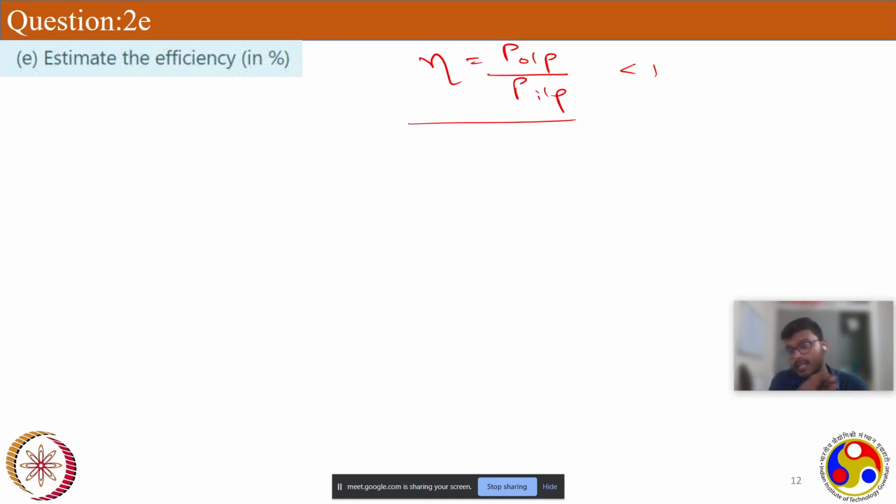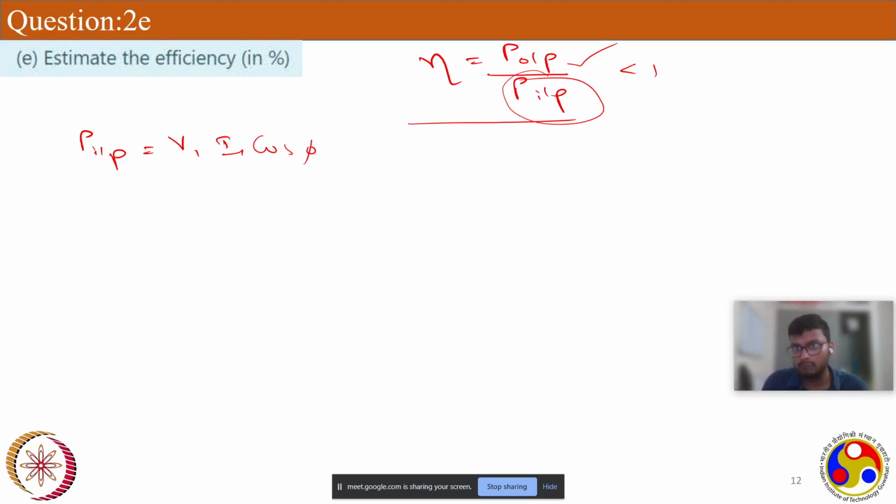Because we just calculated the load power, we know the output power. We just have to calculate the input power. P input is equal to V1 I1 cos phi. Yeah, output plus losses is also correct for input, but here we don't know the losses.